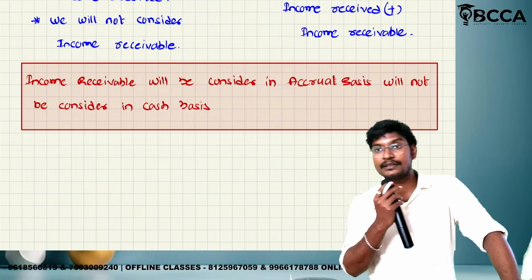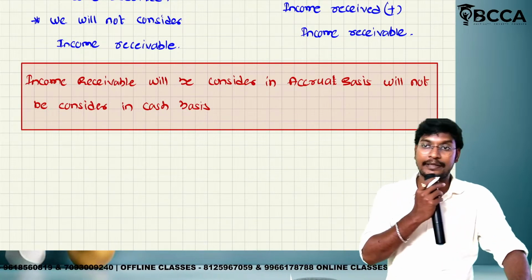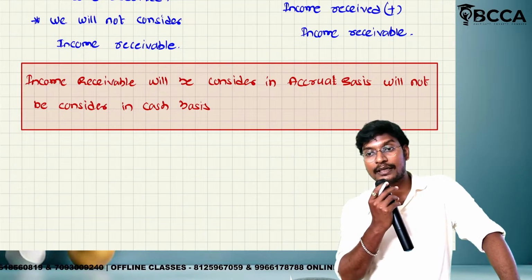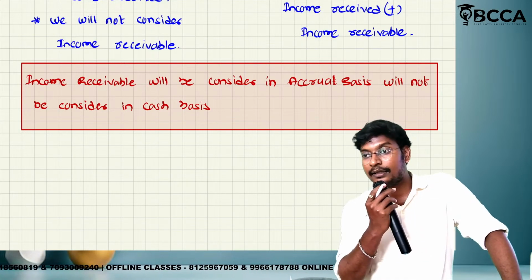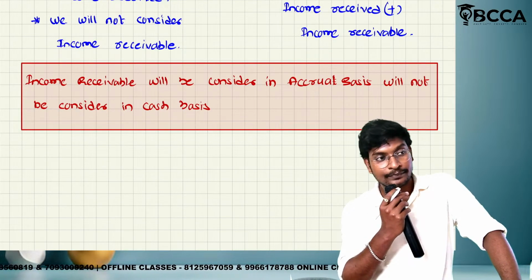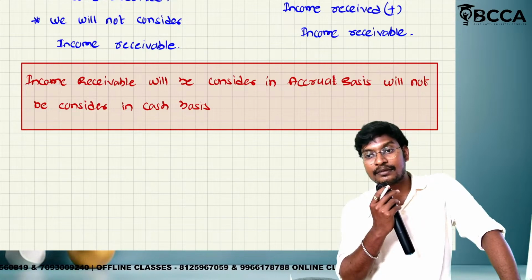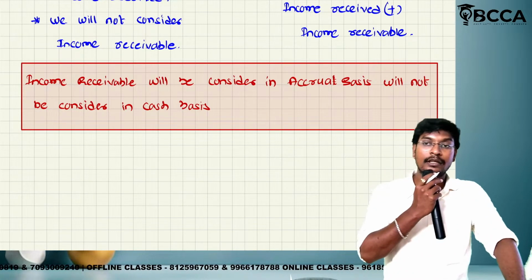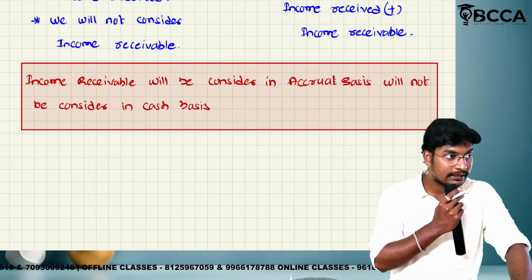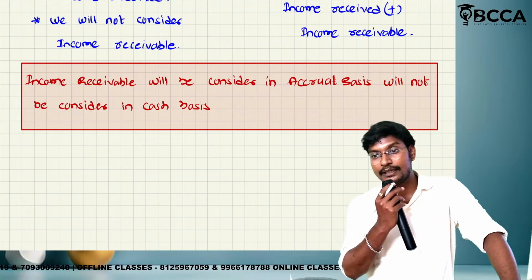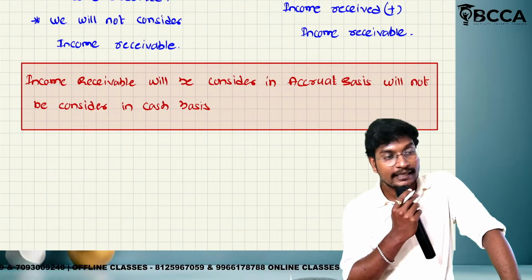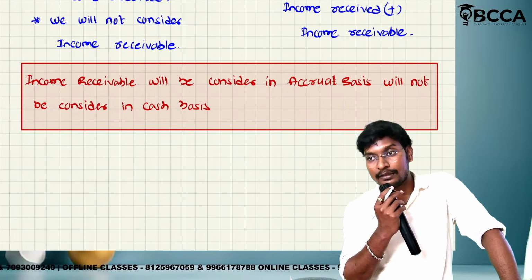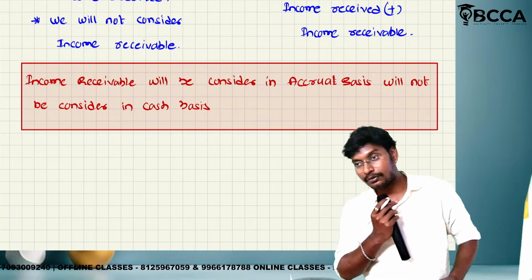Accrual basis means whether paid or not paid, whether received or not received, if it belongs to the current year we will consider it. Otherwise, we will not consider it. Then what is the meaning of cash basis, sir? Irrespective of the current year, whether we paid or received, it will be considered. Cash basis means we will record only the cash transaction irrespective of the current year. So this is how we are concluding this class.